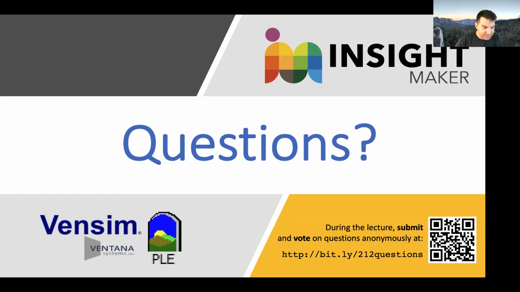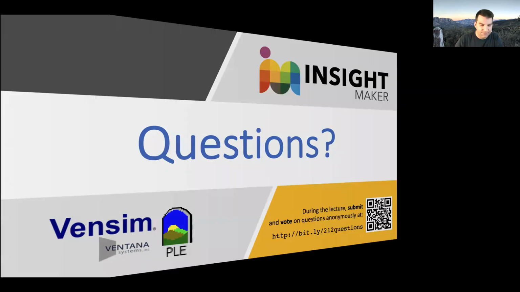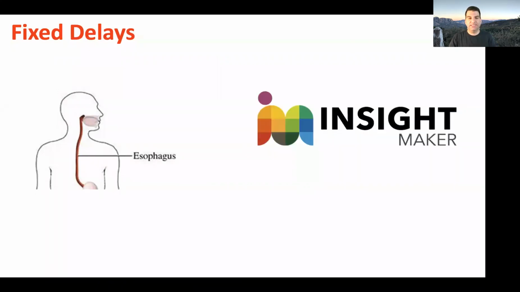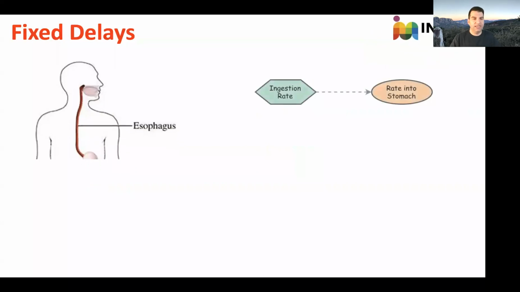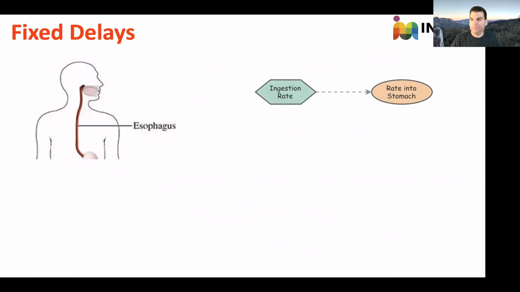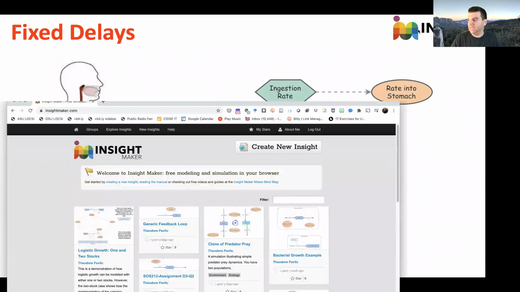Okay, so let's go back to seeing how this looks in Insight Maker. So in Insight Maker, it's exactly the same type of process, just a slightly different graphical syntax. The idea here is we go into Insight Maker and we then create a lookup table, but we create lookup tables in a slightly different way, which we remember from last time.